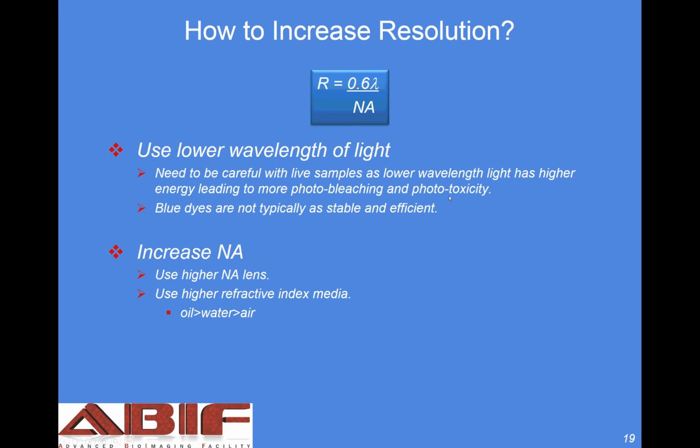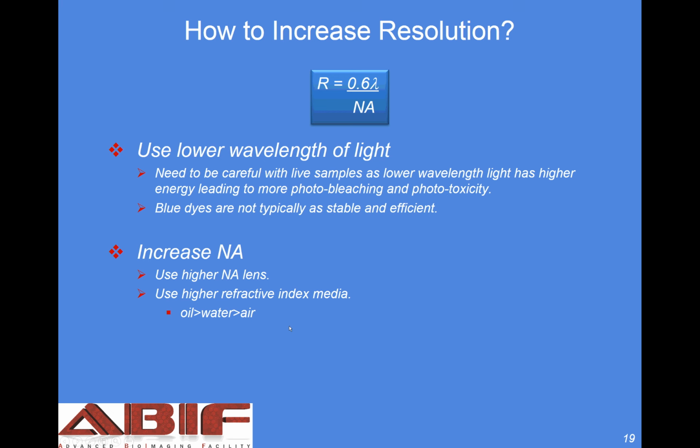If we're working with live samples, phototoxicity can be an issue, and even with fixed samples, if we want to do imaging at high resolution or doing three-dimensional reconstructions, then the photobleaching of the fluorophores can be an issue. So this is possible, but it's not normally the first choice for increasing resolution.